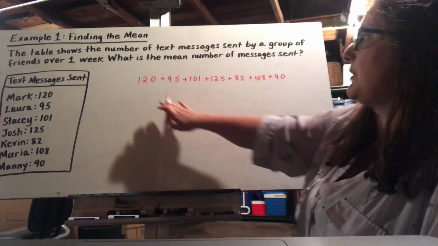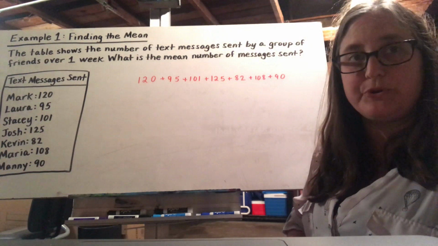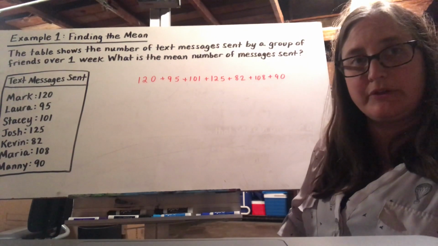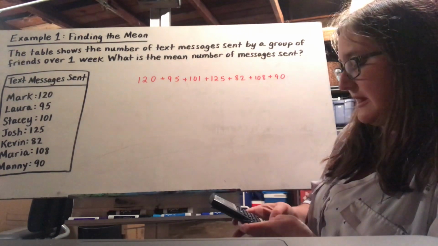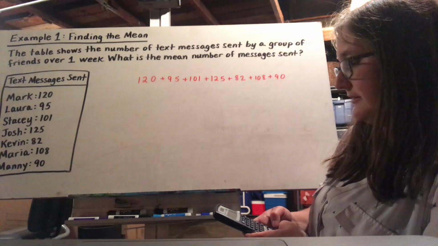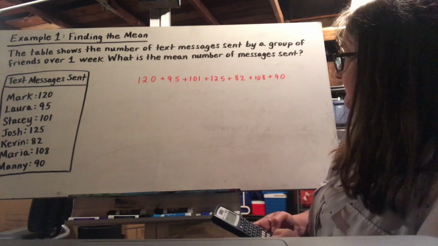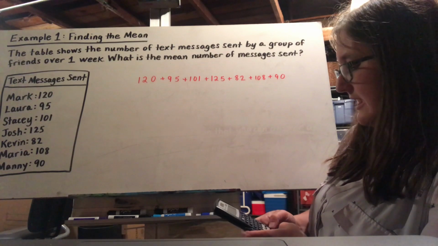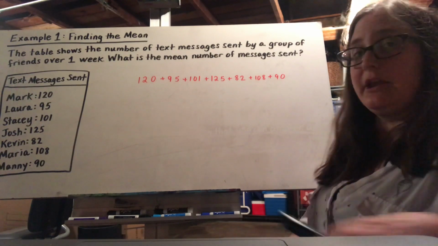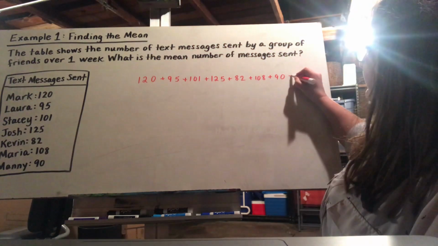So the first thing I would want to do is add up all of the text messages sent by the friend group total. So I'm going to use my calculator to add these up. So I'm adding up 120, 95, 101, 125, 82, 108, and 90. And I get a grand total of 721 total text messages sent.